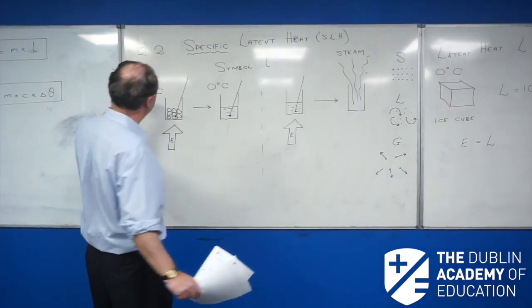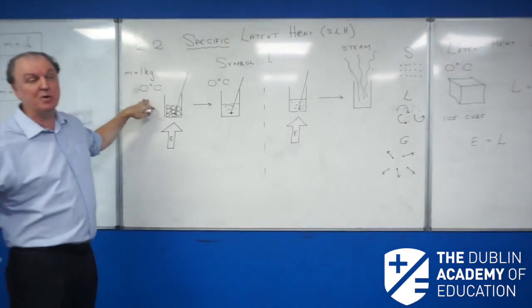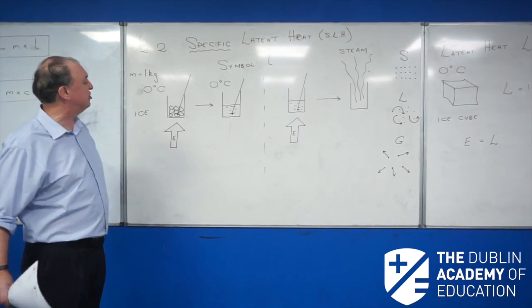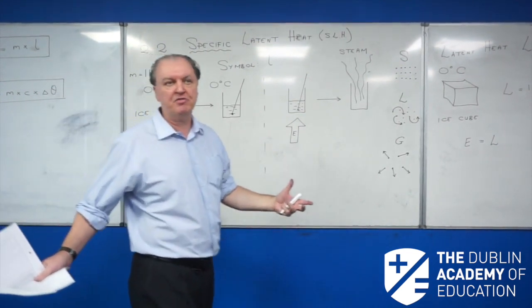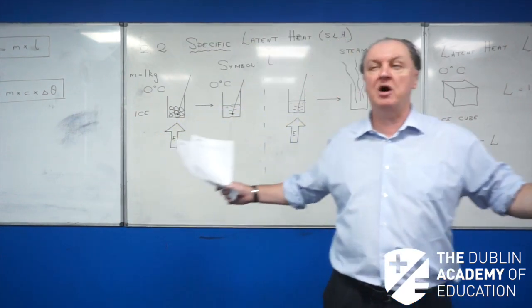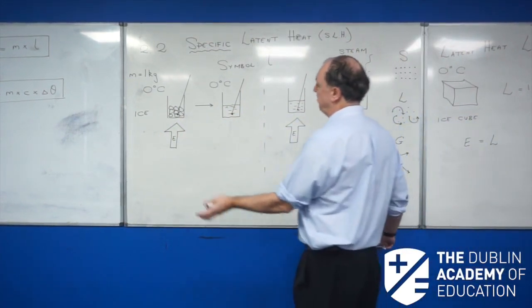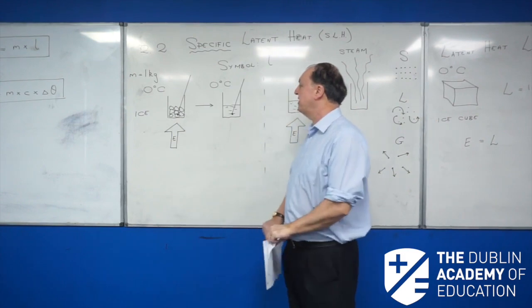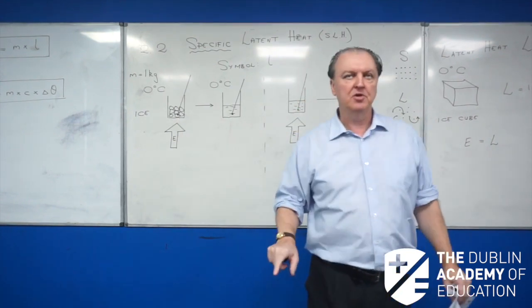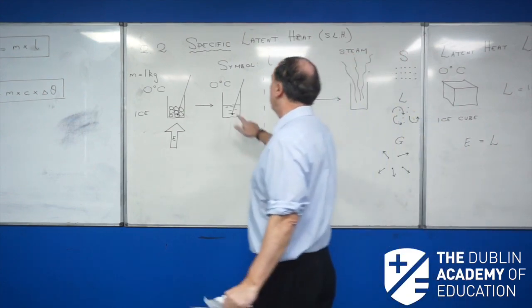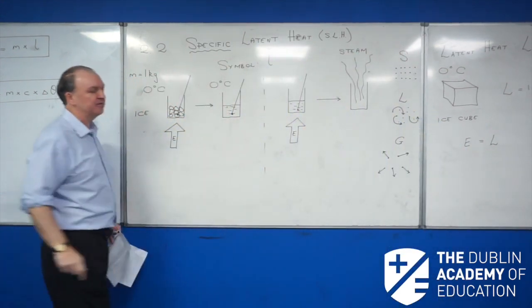Now here I've got some ice beginning to melt. It hasn't quite melted yet, and its temperature is 0 degrees Celsius. I'm going to add heat energy to it using whatever, a Bunsen burner or a hot plate. So energy goes into it. And as a result of that, eventually that ice will turn into water. But it turns into water also at 0 degrees Celsius.